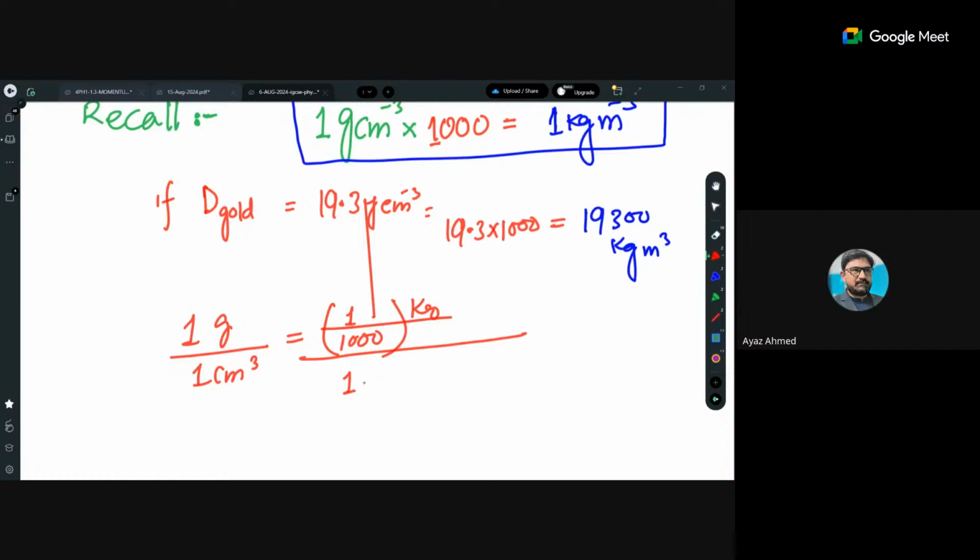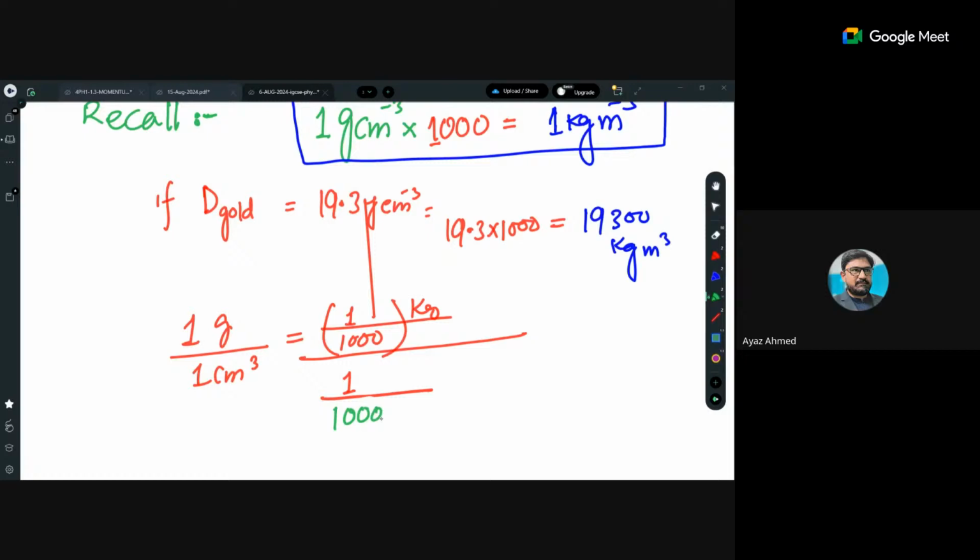It is actually 1 divided by 1 million. Why my laptop is getting lag?